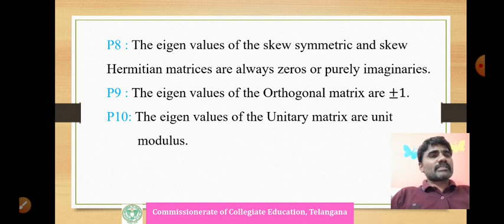Simply we can say that the eigenvalues of an orthogonal matrix are unit modulus, plus or minus 1, and the eigenvalues of a unitary matrix are unit modulus.